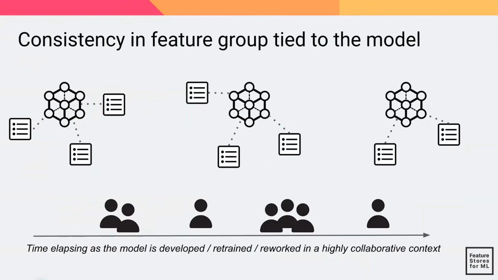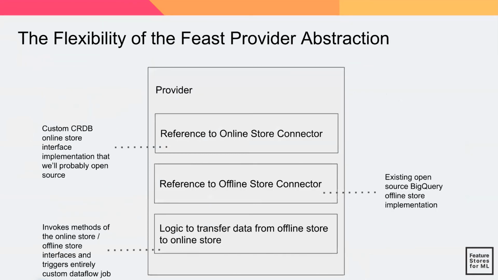Let's see, cool. And I wanted to quickly talk about the Feast provider abstraction to give people a sense of how we could combine our custom on-prem stuff with more standard components.